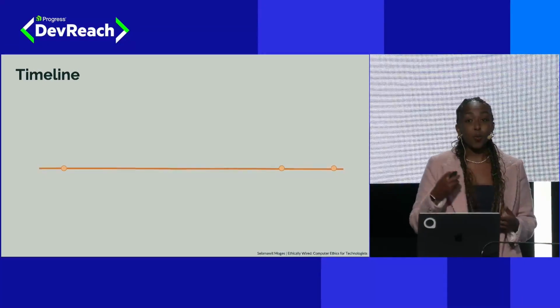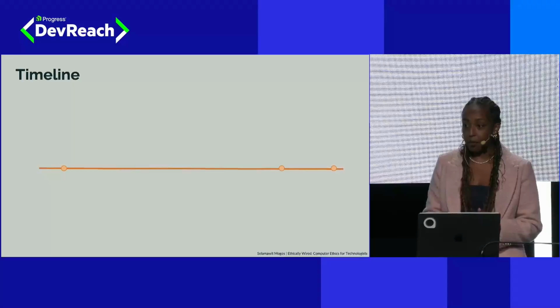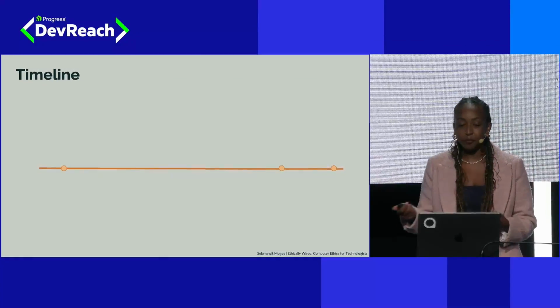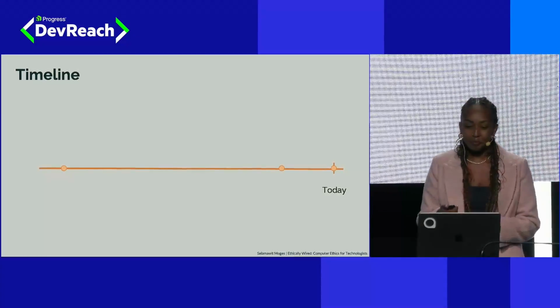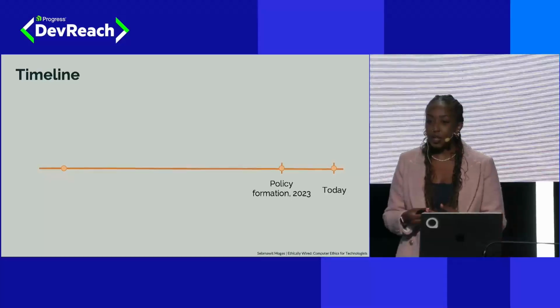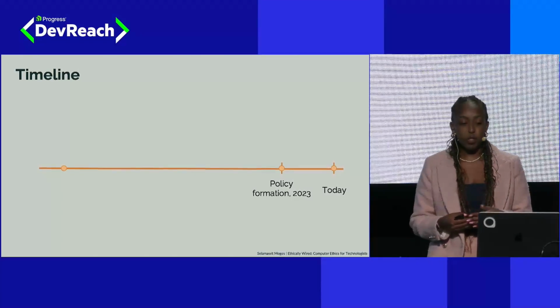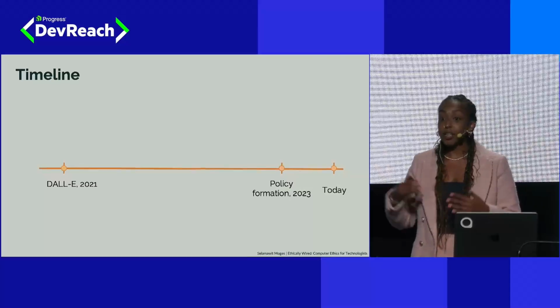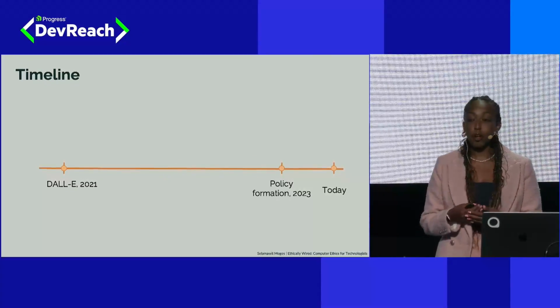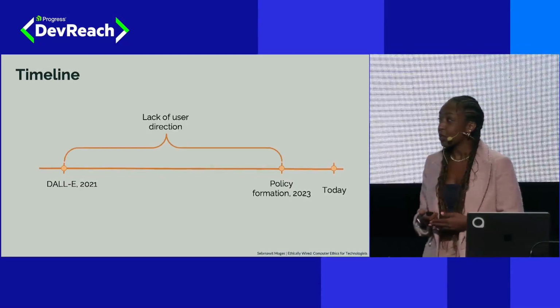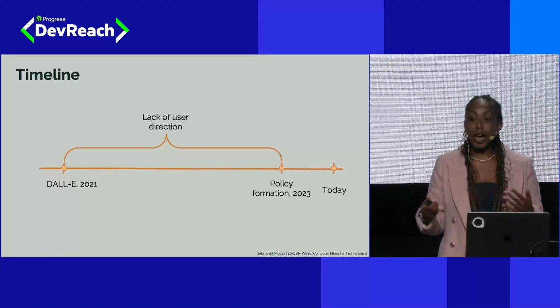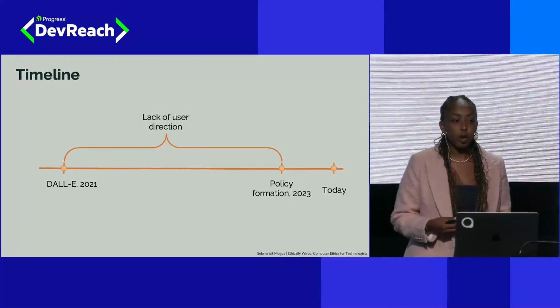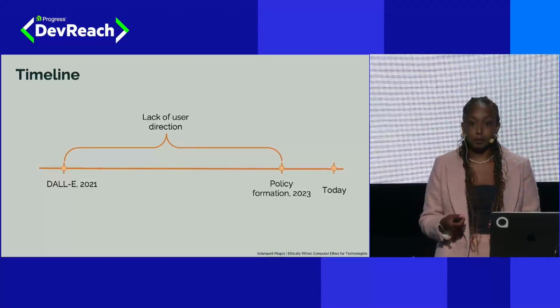When we think about when these types of conversations should happen, we can look at this timeline here. This is today. Policy formation around AI-generated art was created around August of 2023. But DALL-E, for example, was created around 2021. So this left around 2 years of a lack of user direction, and both traditional artists and AI artists are in limbo.